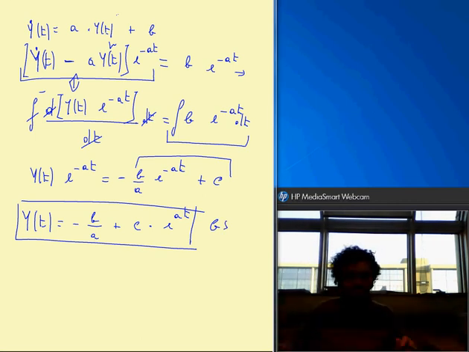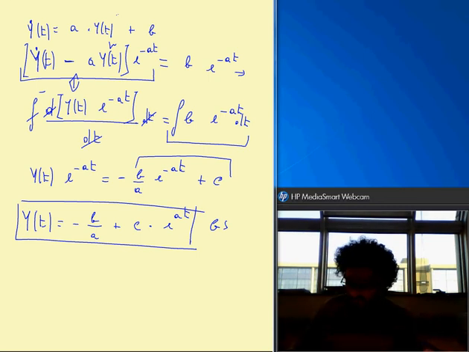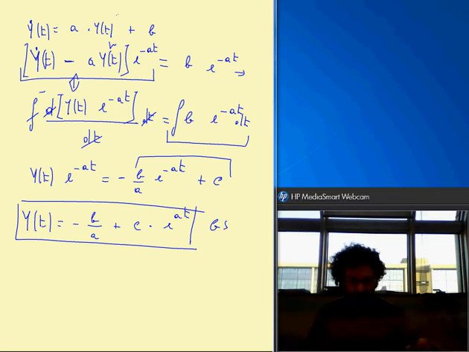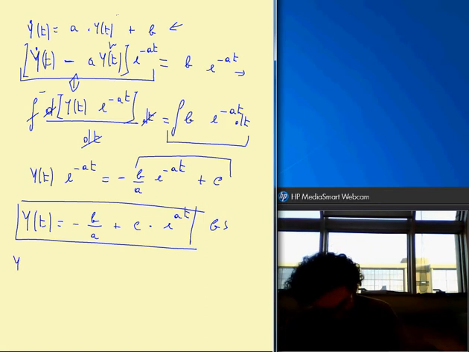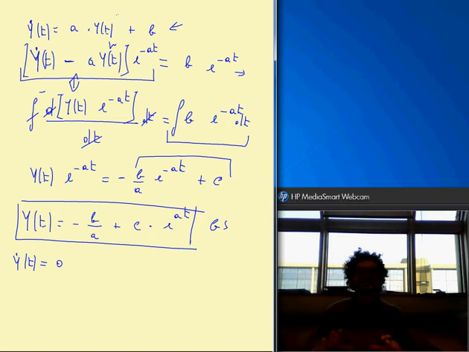Now, we can find the so-called steady-state solution of this differential equation, imposing that the derivative with respect to time of y is equal to 0. This means in some sense that the speed of this variable is equal to 0, so we can find the steady-state solution.